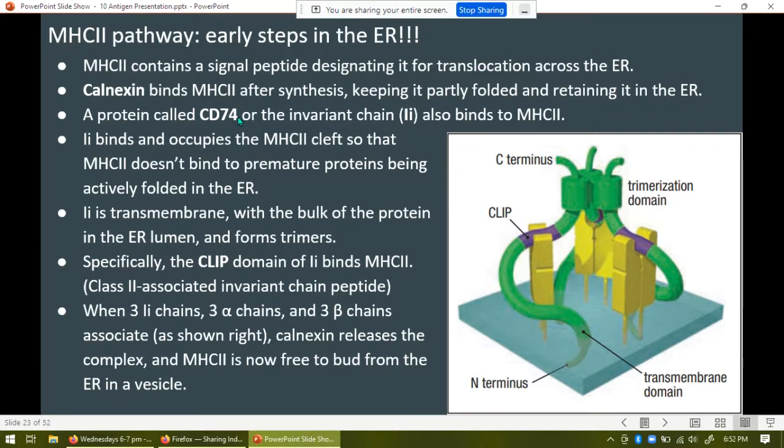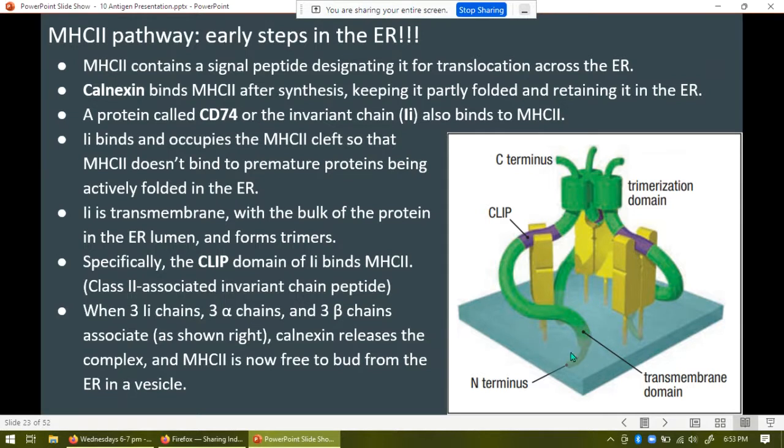That is, until a protein called CD74, also called the invariant chain, big I, little I, binds to MHC2. In this class, we mostly call this protein CD74, so that's what I'm going to refer to it as. CD74 binds and occupies the MHC2 cleft so that MHC2 doesn't accidentally bind to premature proteins that are being actively folded in the endoplasmic reticulum.